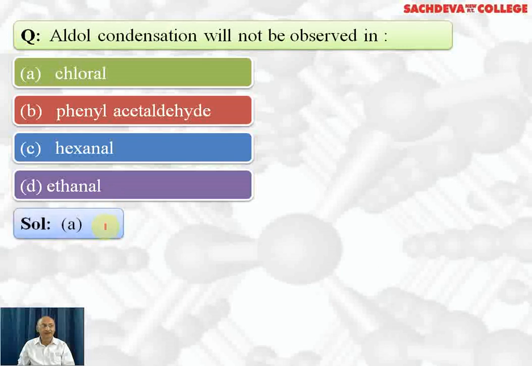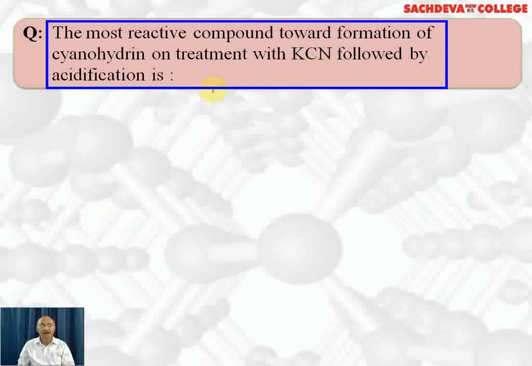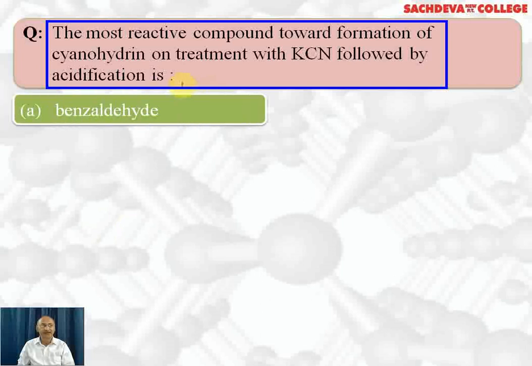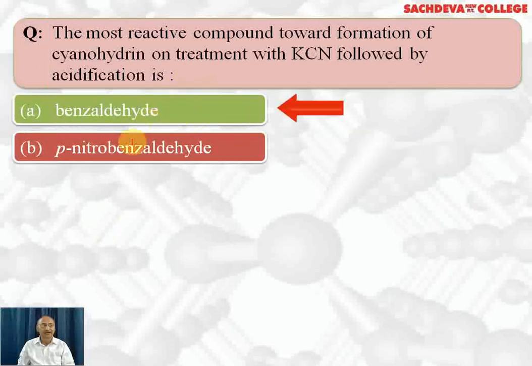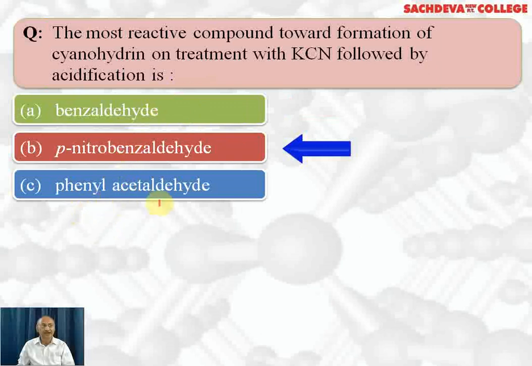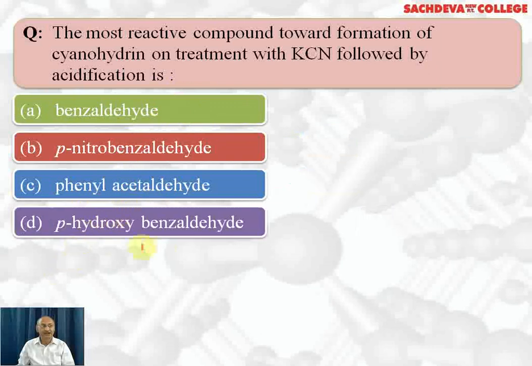Correct answer is A part. The most reactive compound towards formation of cyanohydrin on treatment with KCN followed by acidification: benzaldehyde, para-nitrobenzaldehyde, phenylacetaldehyde and para-hydroxybenzaldehyde. Correct answer is para-nitrobenzaldehyde.